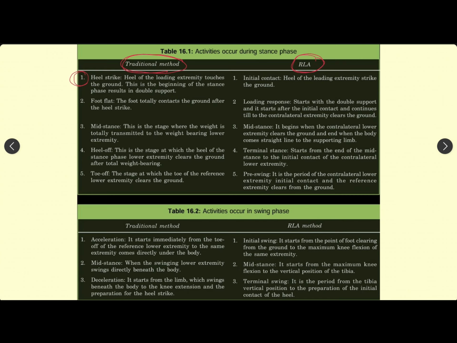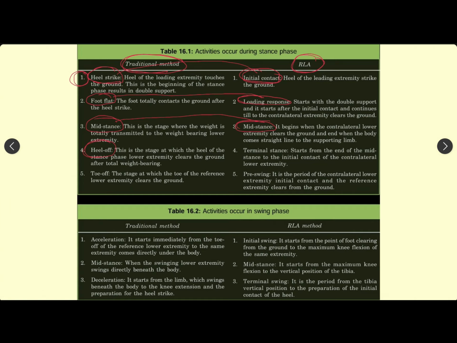In the traditional method, the first step is heel strike, when the heel touches the ground, and in RLA, heel strike correlates with initial contact, then foot flat, which correlates with the loading response. In mid stance, it is the same in both cases.